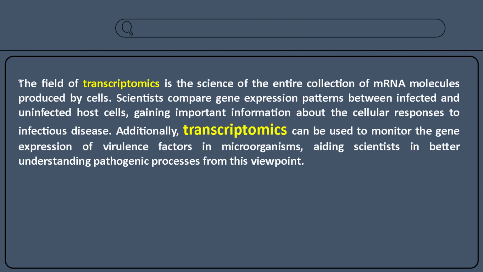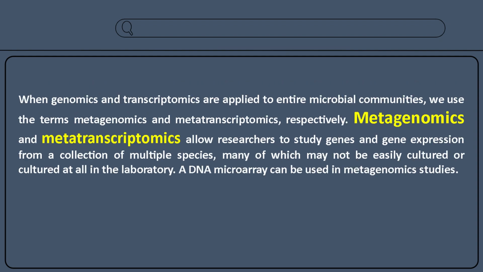And also, let us now proceed to metagenomics. So, when genomics and transcriptomics are applied to microbial communities, we use the terms metagenomics and metatranscriptomics, respectively. All right. So, by the way, class, metagenomics is the study of the genomic content of a mixed community of organisms.